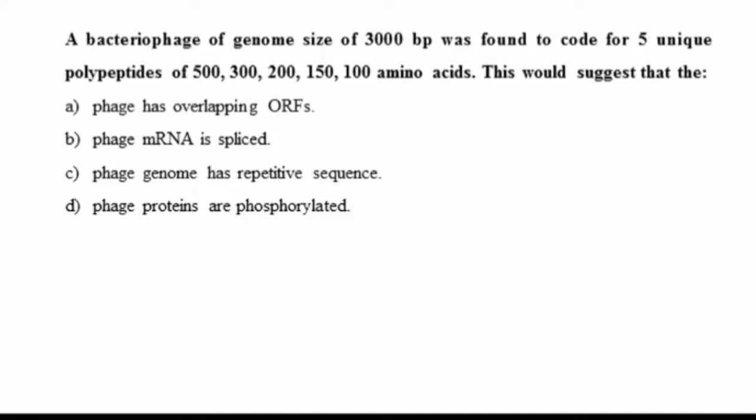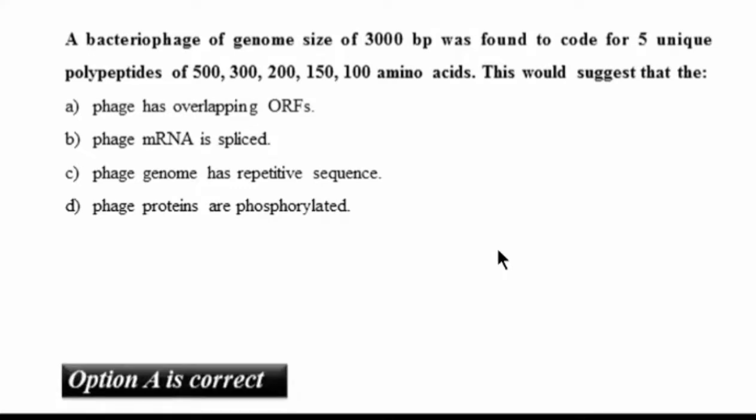So we know that the genes that code for proteins comprise open reading frames, or the ORFs, consisting of a series of codons that specify the amino acid sequence of a protein that that particular gene codes for. For a 3000 base pair phage genome to code for peptides which are 500, 300, 200, 150, and 100 amino acids, the phage DNA must have overlapping ORFs. The correct answer to this question is option number A.